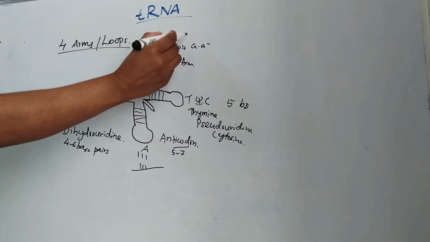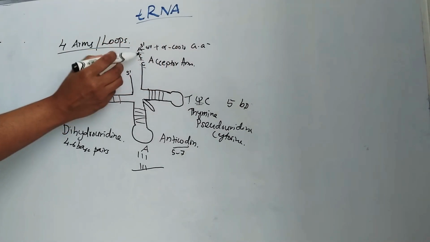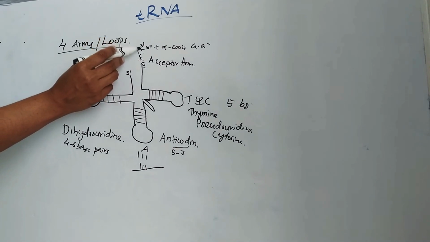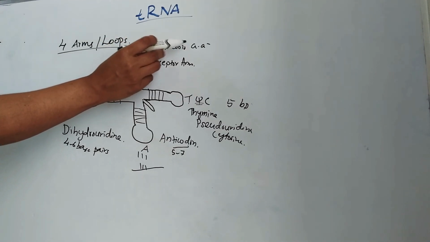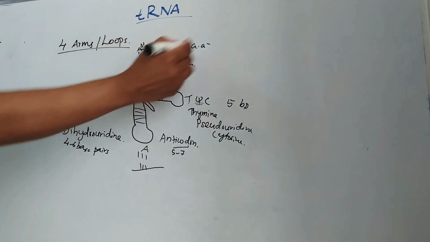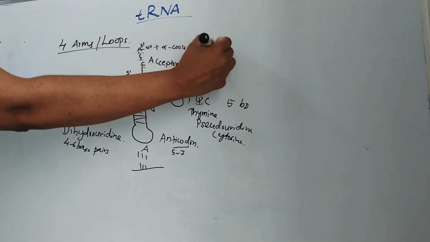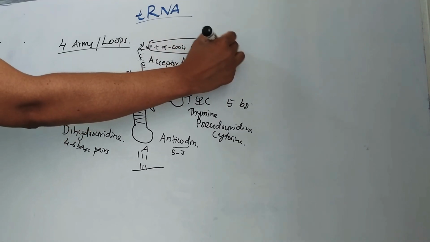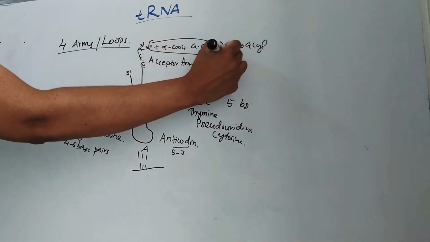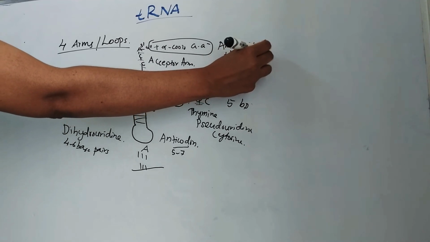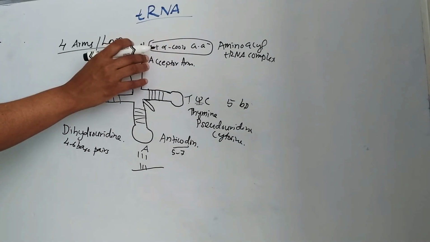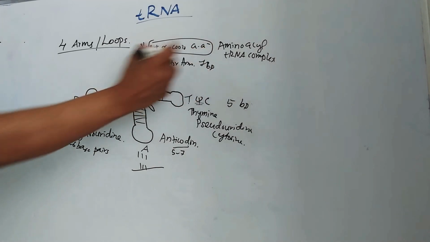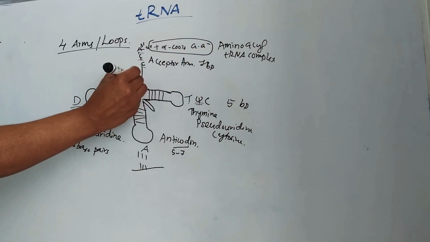So this is the amino acid binding site, and it forms the amino acyl tRNA complex. This is for protein synthesis. And this acceptor arm contains 7 base pairs.